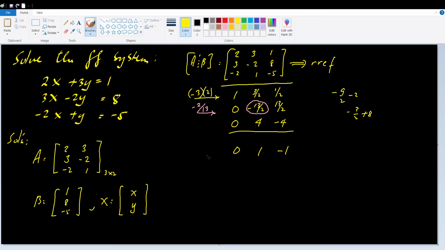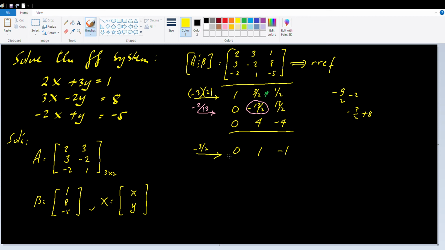Okay? Next, being a leading entry of the second row, the element along the second column above and below that leading entry must be a 0. So we need to change this into a 0. And to do that, we will multiply the second row by negative 3 halves.